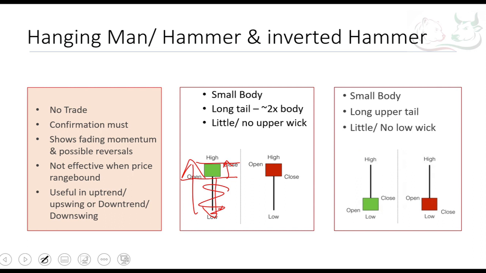This is definitely a bullish thing in itself, but it cannot be interpreted by itself. It always has to be seen in the context of the trend or a swing, because all these candlesticks are very good for doing swing trades and so on.